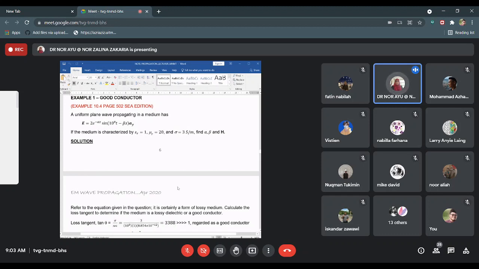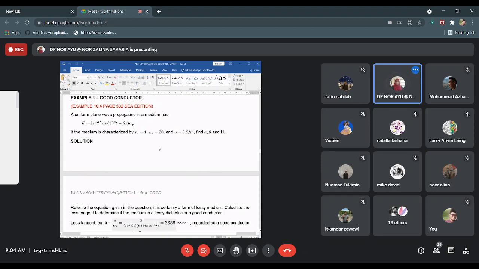Epsilon r was given as 1, and epsilon naught is 8.854 times 10 power of minus 12. So epsilon means epsilon naught times epsilon r. From there you solve it and you will get the value 3388.